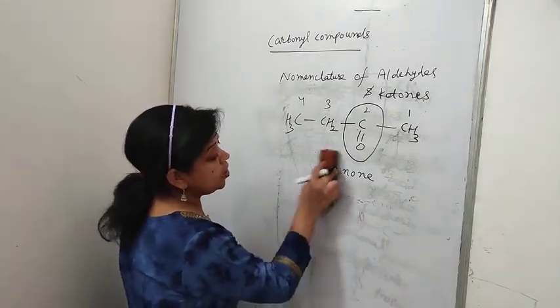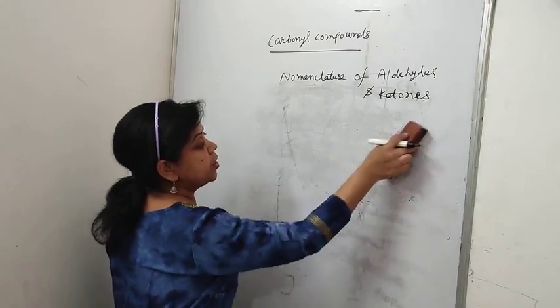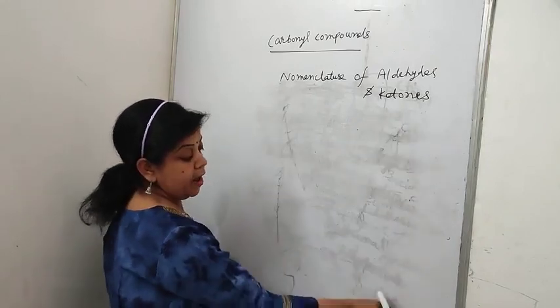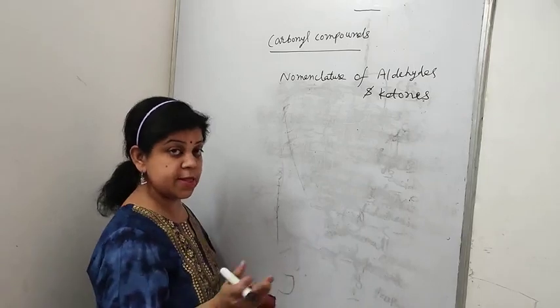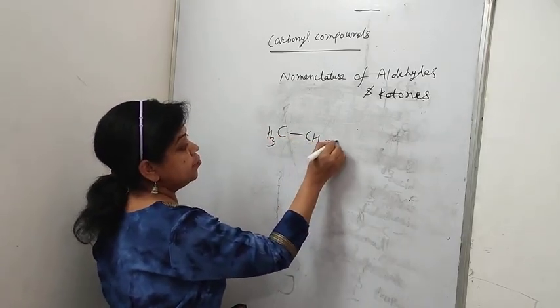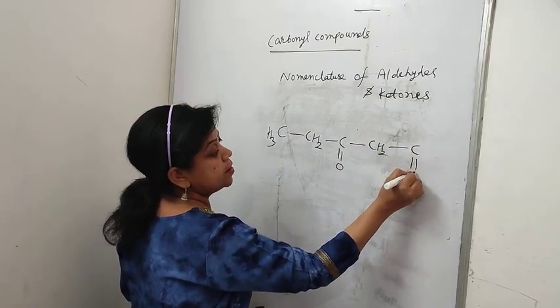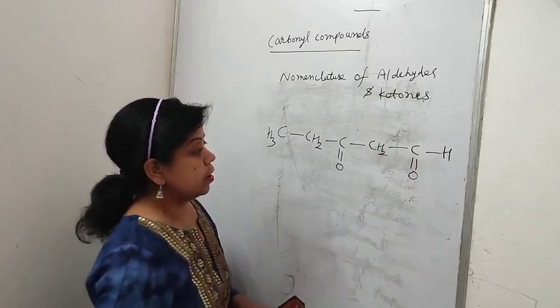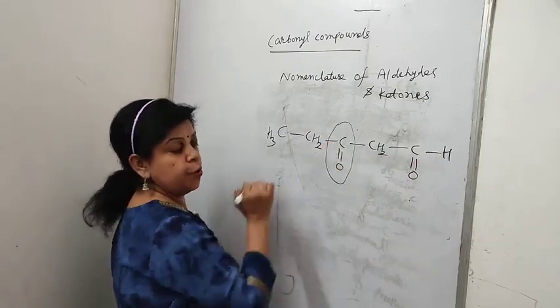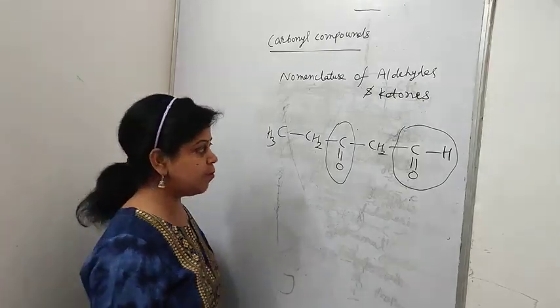Now, what will happen when we take the example which contains both aldehyde and ketonic group in the same compound? Let's see. CH3CH2COCH2CHO. It contains ketonic group as well as aldehydic group. So what will happen now?